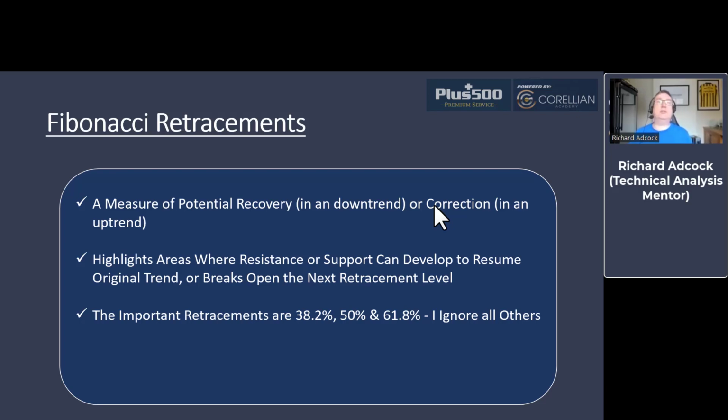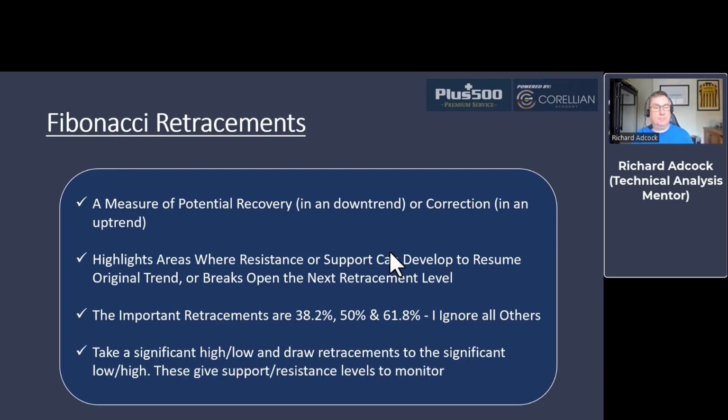Now, on various charting systems, you will see quite a few percentage retracements available, but these are the three that I would suggest that you use. The others you can ignore. They're for other aspects within technical analysis, but it's really the 38%, the 50%, and the 62% retracements that we're highlighting when we speak about Fibonacci.